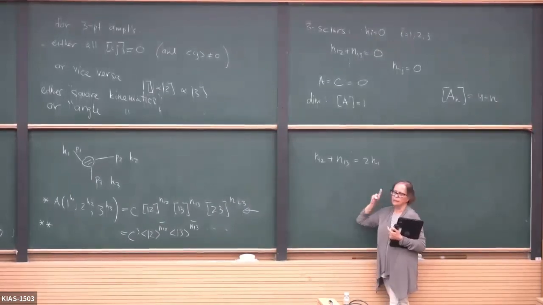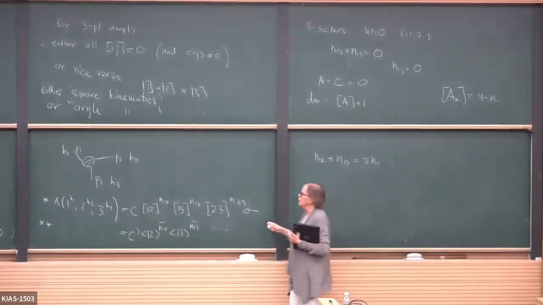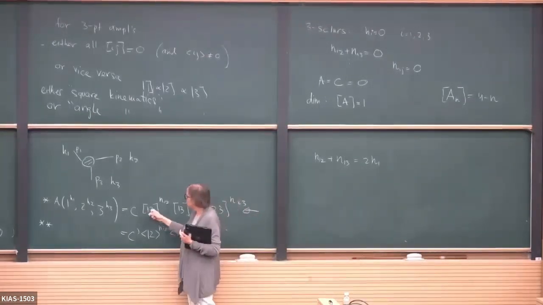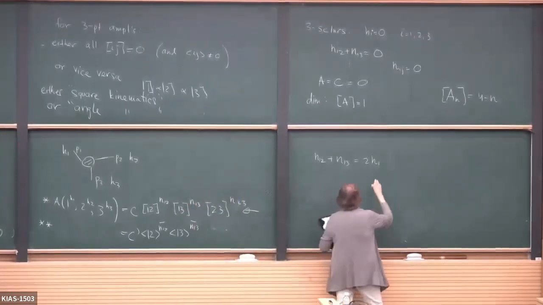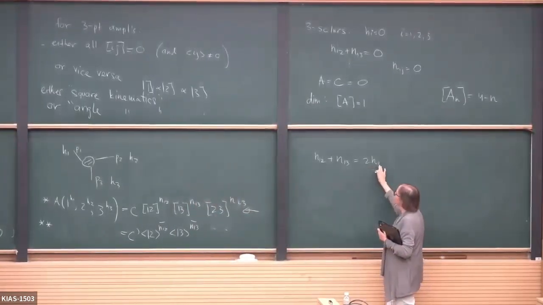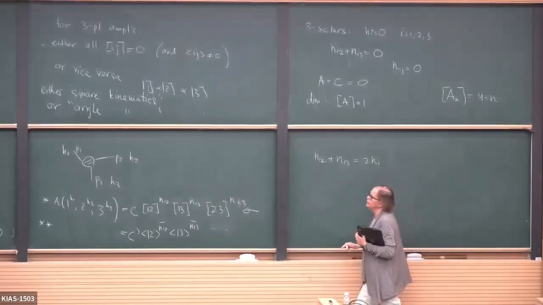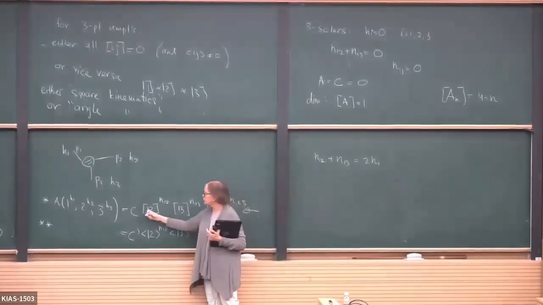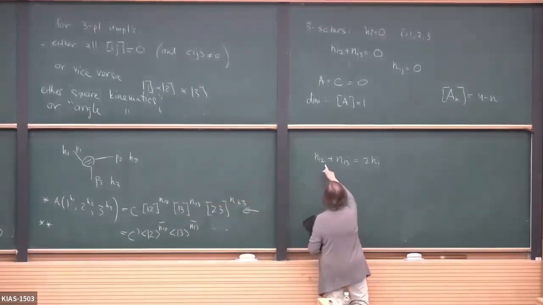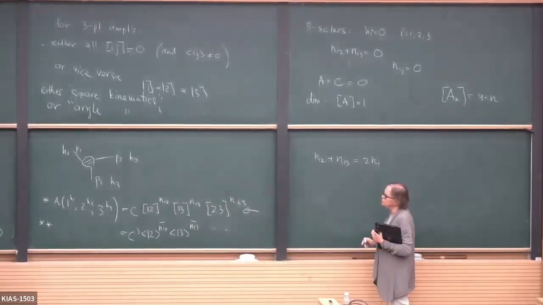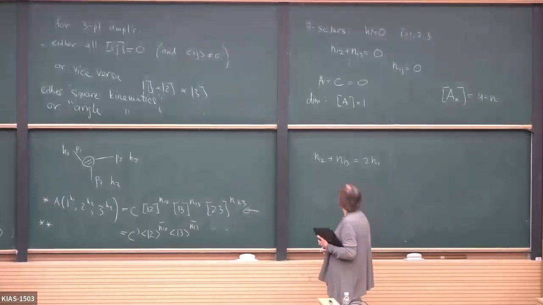So we said that the weight should be 1 in that case. In other words, 1 should appear only once. If h1 is plus 1, so 1 is a vector, it should appear twice. So n12 plus n13 should be equal to 2, and so on and so forth.